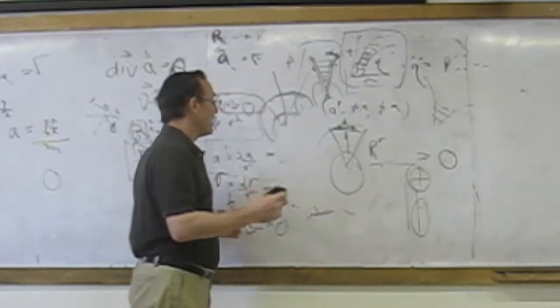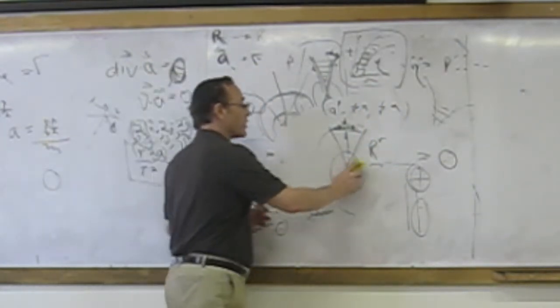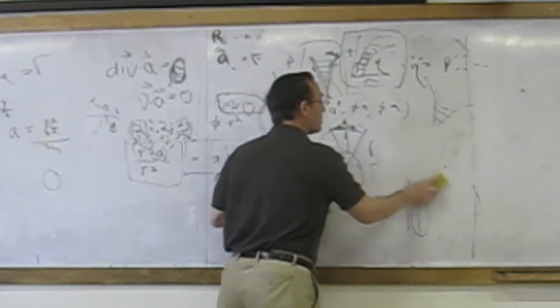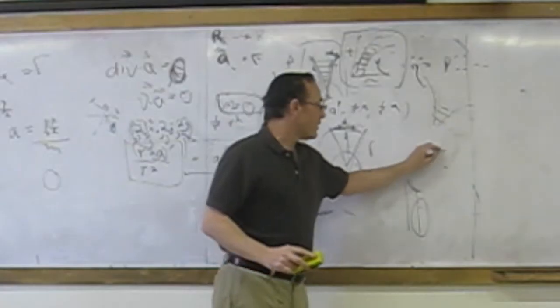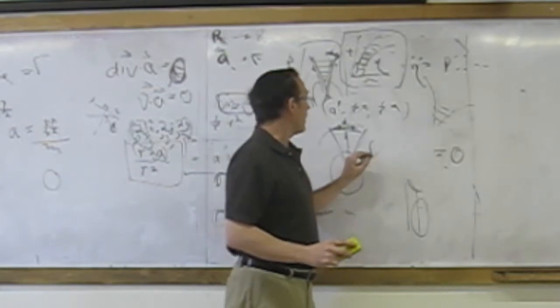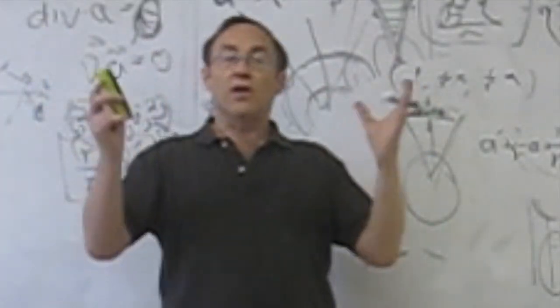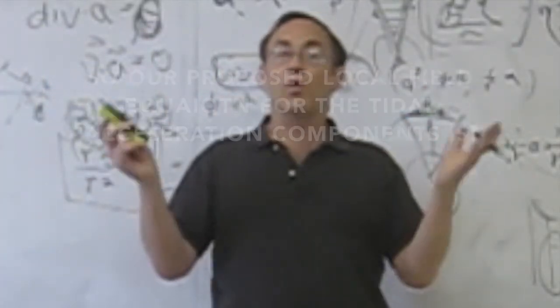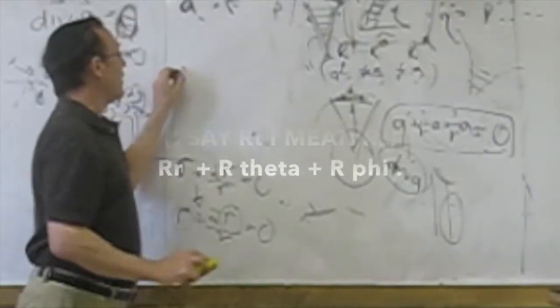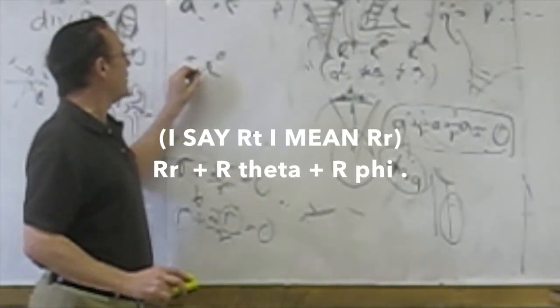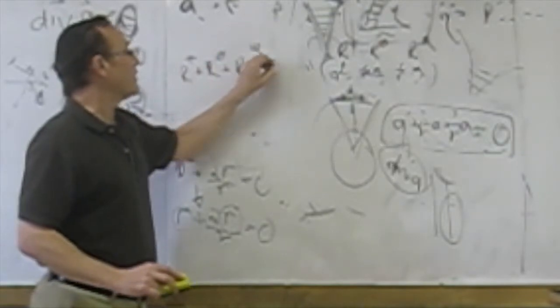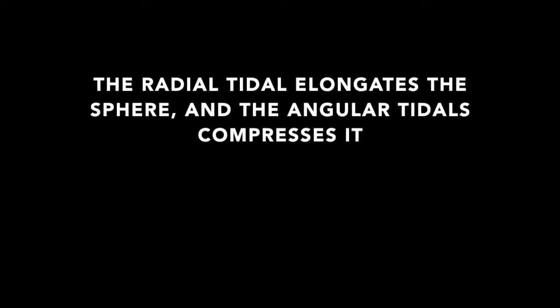And that's reflected in an equation which takes the sum of these three things and adds them together and says that they're zero. It's a combination of these quantities which vanishes, not the quantities themselves. RT plus R theta plus R phi equals 0. This changes in one direction, these two change equally in the other direction.